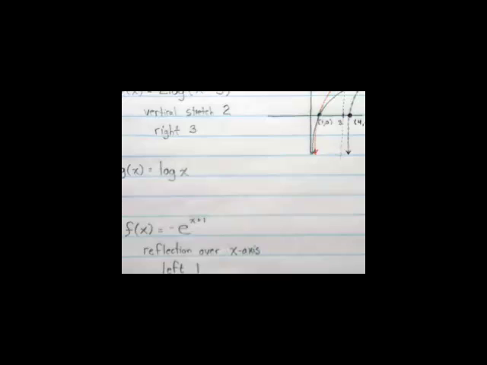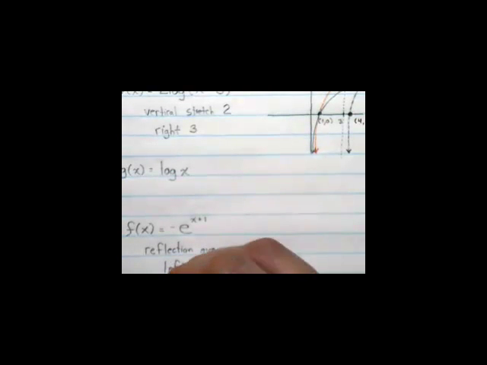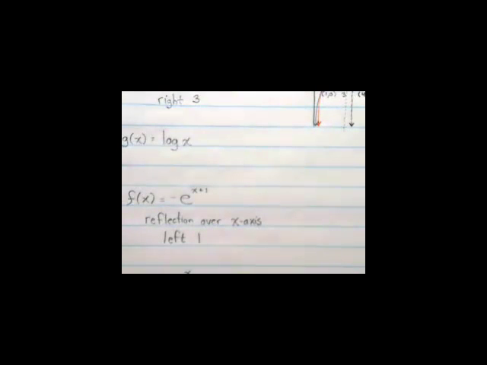All right, and our home base for this one would have been what? Yeah, okay. So without any of the transformational stuff going on, it's just e to the x.